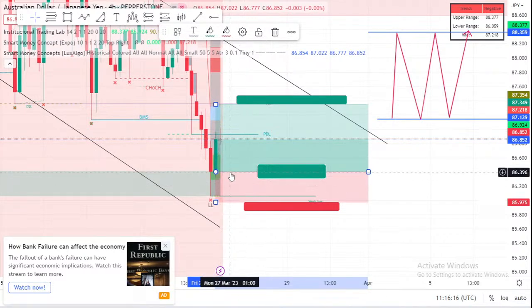Another thing I need to include: if you've entered the market around this point, assume that right now you're in profit, because you entered at around 86,400 and the market right now is at 86,800. I suggest that once you've made profits, your chart is blue, you are in profit, try and move your stop loss from this zone to above your buying position.